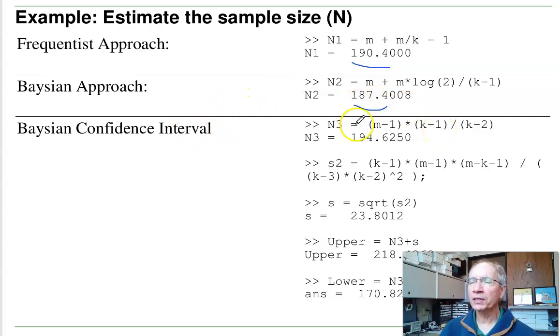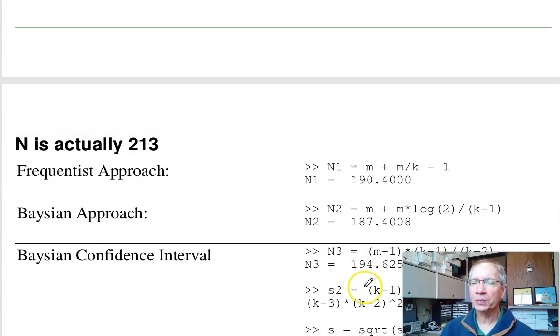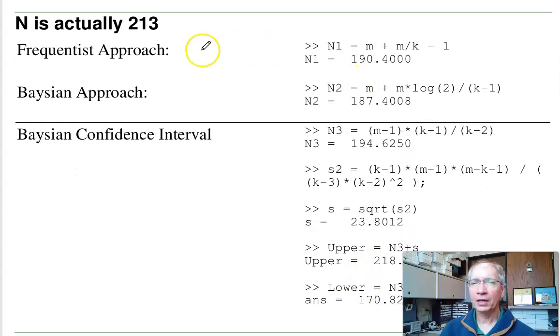With the Bayesian confidence interval, here's the mean, here's the variance. I think the square root, there's the standard deviation. It should be the mean plus or minus the standard deviation. So I think there's somewhere between 218 and 170 tanks. If I compare to the actual number, since I did this in MATLAB, I know what N is.